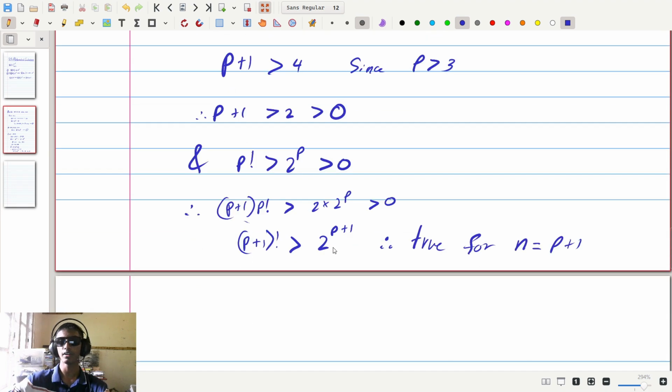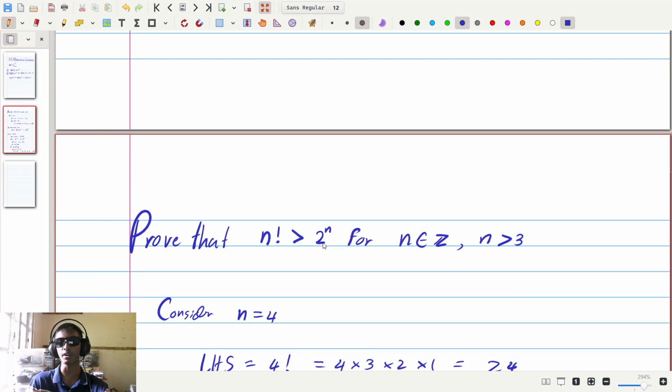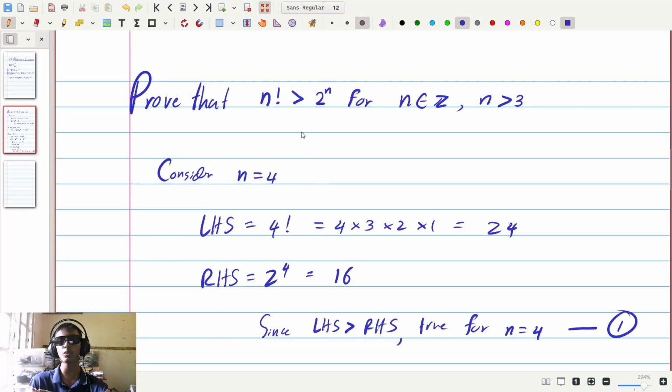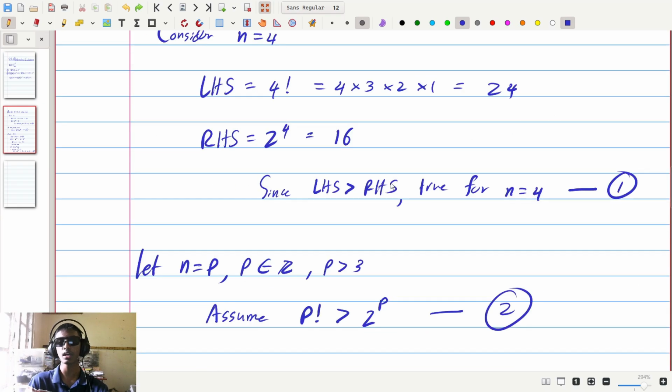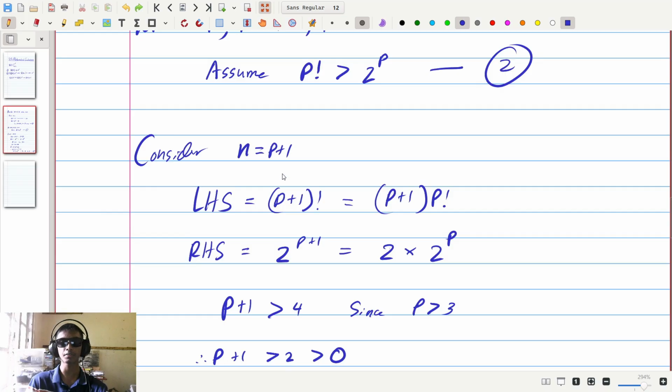Given this, we can now state that by the principle of mathematical induction, this is going to be true for all of the values that we wanted. How can we do that? We can do that by going back to our base case and what we proved. We proved for our base case that it's true for n equals 4. We've now proved that if it's true for n equals p, where p is an element of the set that we want to find for, it is true for the next element.